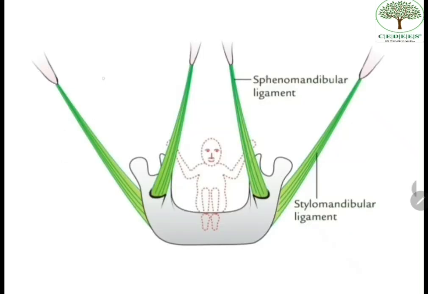So both these ligaments, through their attachments in the cranium and mandible, act like a swing. They support the mandible in its various movements and also act as check ligaments of the mandible.